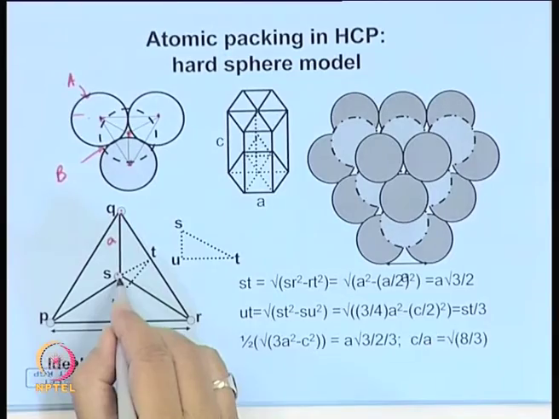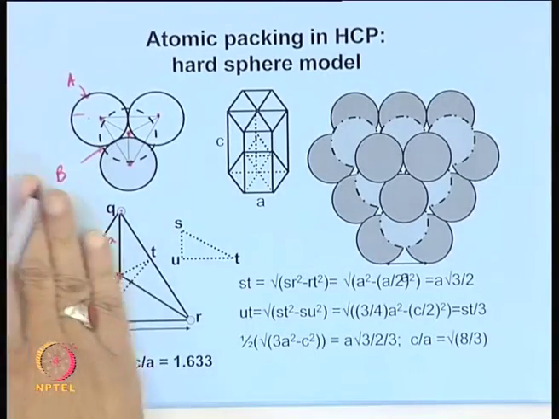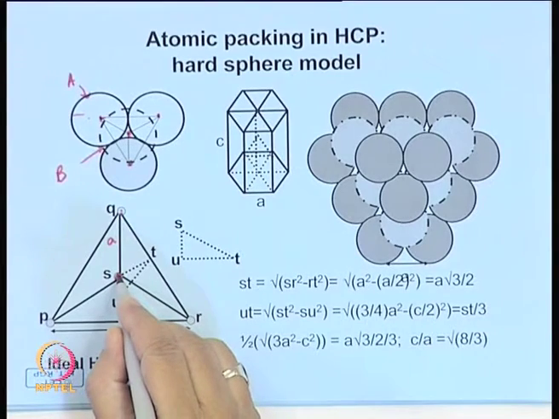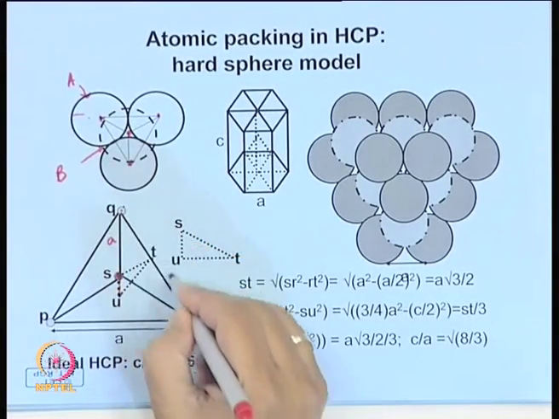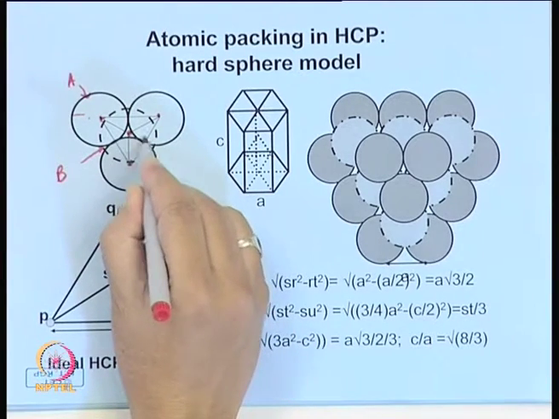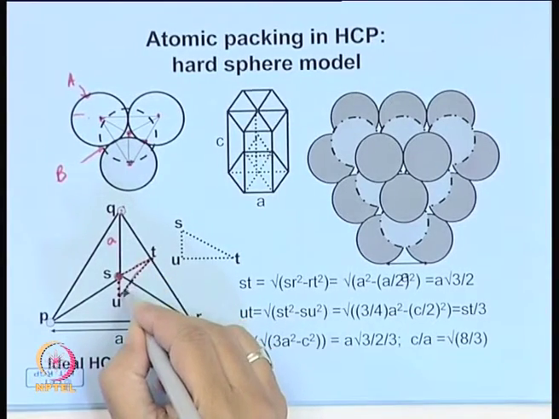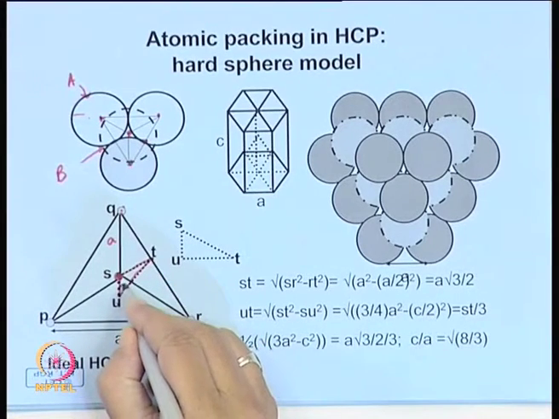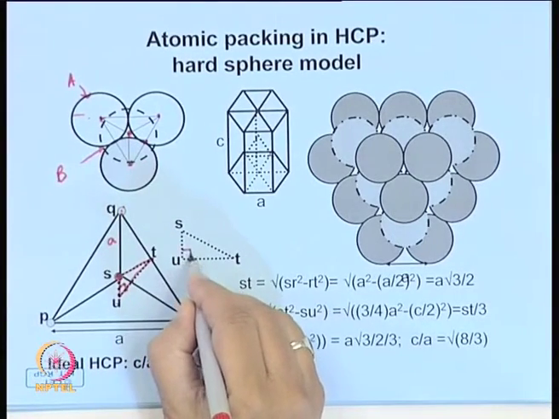Now, what is the distance between this atom on the second layer and the base plane, and how can you find this out? For this, you can drop a perpendicular from this vertex to the base plane, join this to the midpoint of this, because the midpoint is here, and join this. In that case, SUT becomes a right angle triangle, and mind you, this angle U is the right angle, which is shown over here.